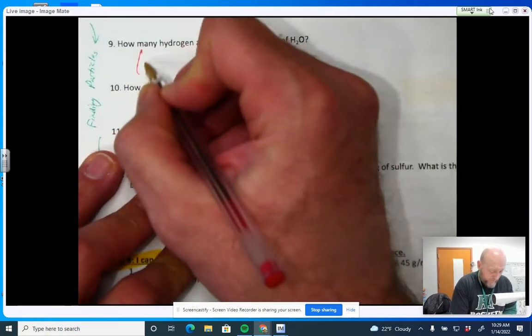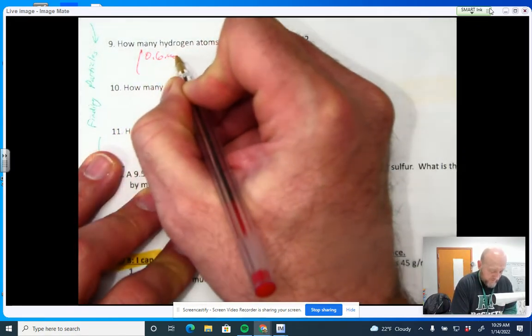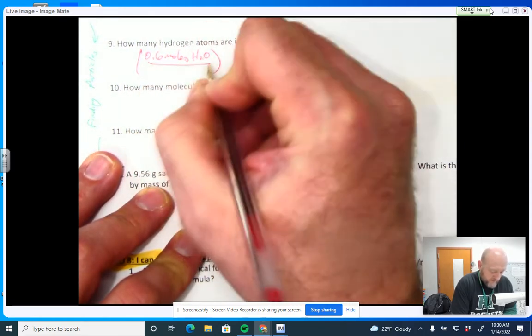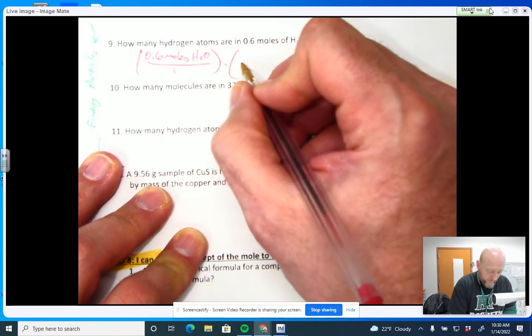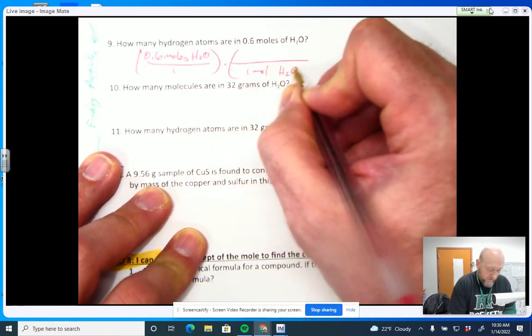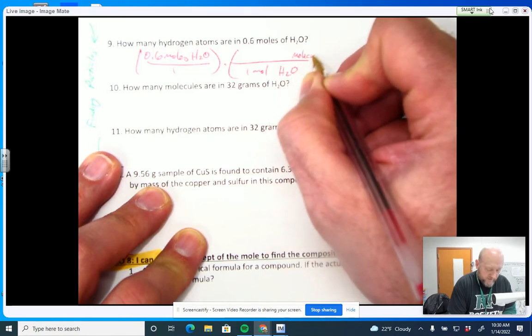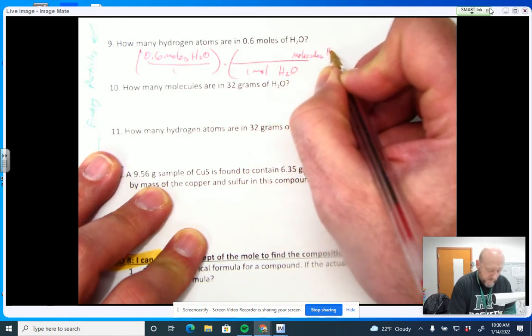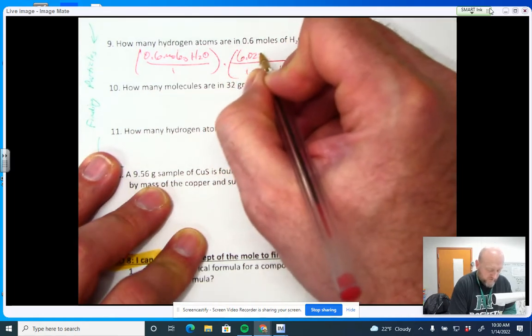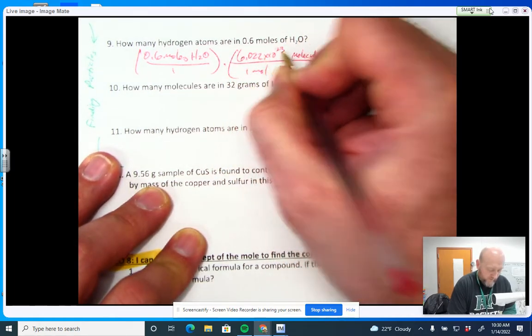So we have 0.6 moles of H2O. And from here, we want to go from 1 mole of H2O is how many molecules of H2O, and that's Avogadro's number, so 6.022 times 10 to the 23.